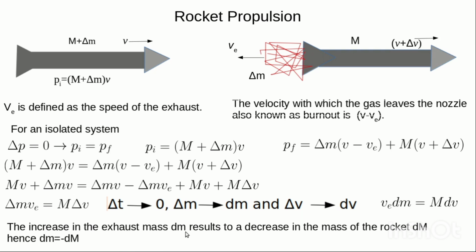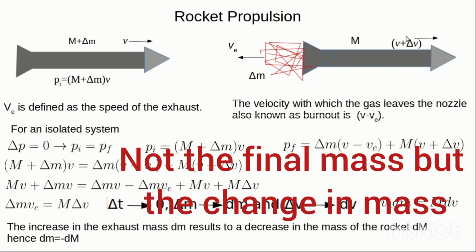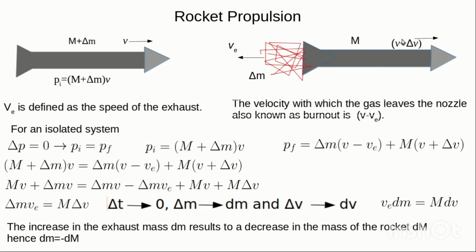We can also look at it this way. Let's imagine that this initial mass is 10 kg. If you remove 1 from it, this one will reduce to 9. And the change in mass here will now be 9 kg minus 10 kg, which will be equal to what? Minus 1 kg. Now let's assume that the 1 kg has come out of it.